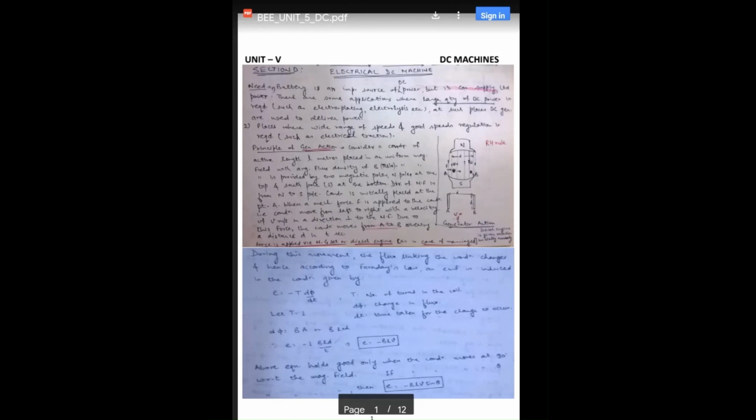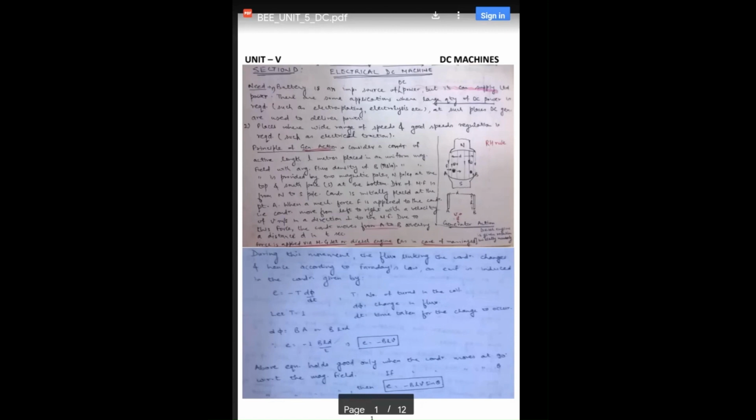It is provided by two magnetic poles, North Pole and South Pole, and the direction of the magnetic field is from North Pole to South Pole, which means that the flux is passing from the North Pole to the South Pole. Okay, and force F is applied from left to right with velocity of V meter per second in a direction perpendicular to the magnetic field. So due to this force, the conductor moves from A to D, covering the distance of D in time T seconds.